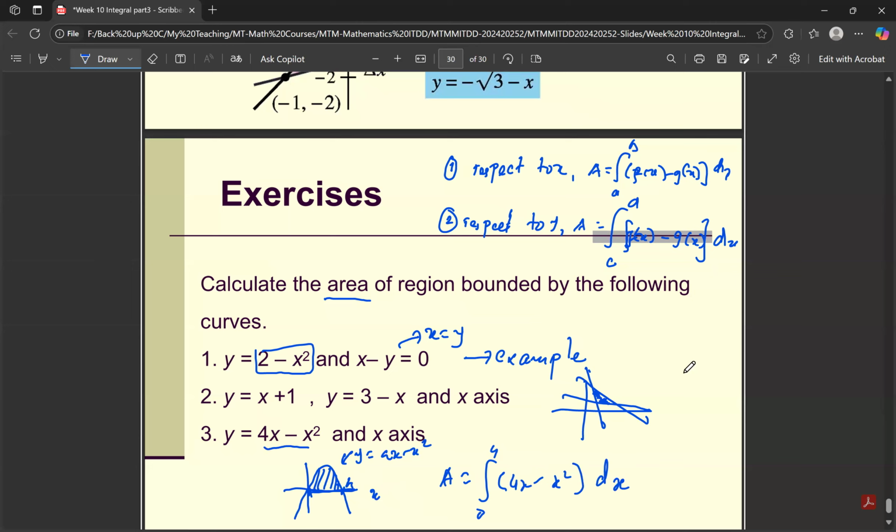So this is the area of number 3. Please do the detail by yourself. And if you find difficulties to solve the problem, you can ask the assistant, or you can ask me how to solve the problem.